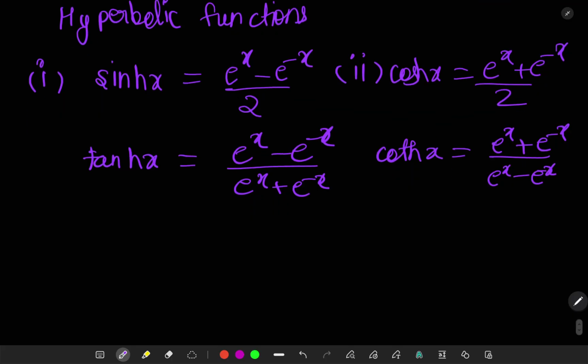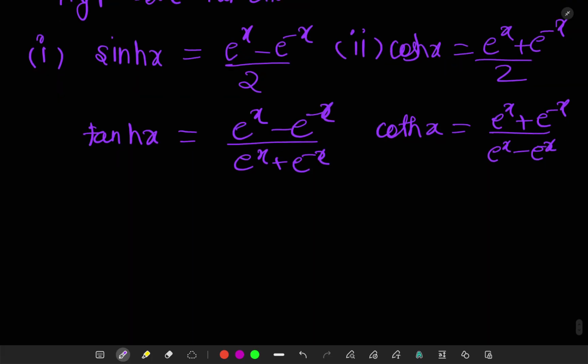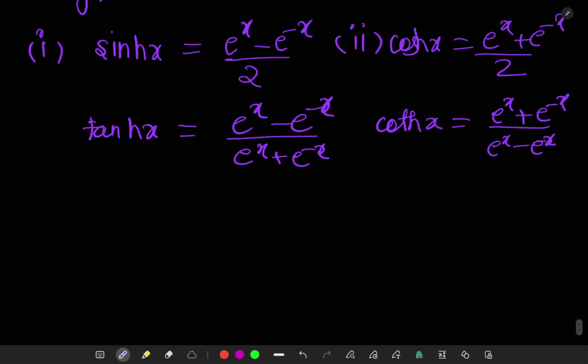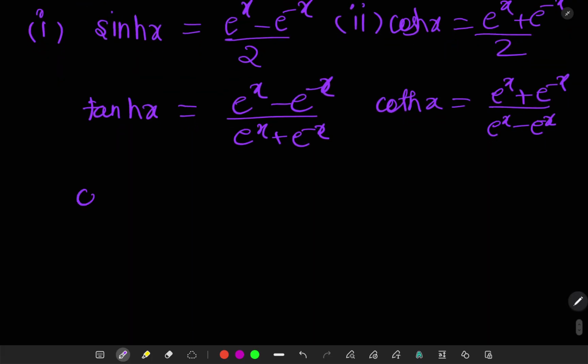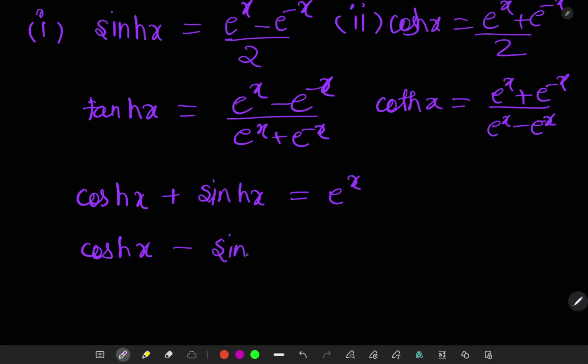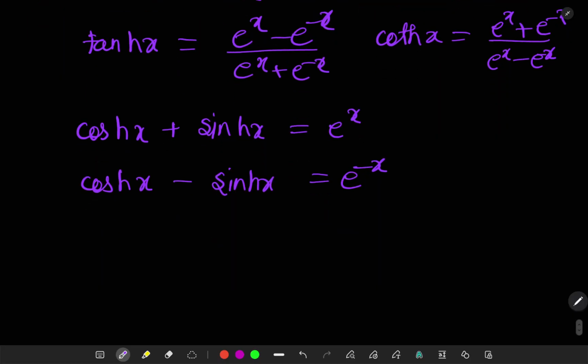And similarly for sec hyperbolic x and cosec hyperbolic x. Here cos hyperbolic x plus sin hyperbolic x equals e raised to power x. And another property is cos hyperbolic x minus sin hyperbolic x equals e raised to power minus x.